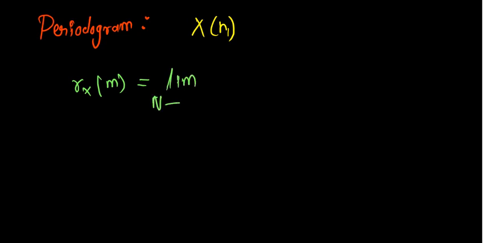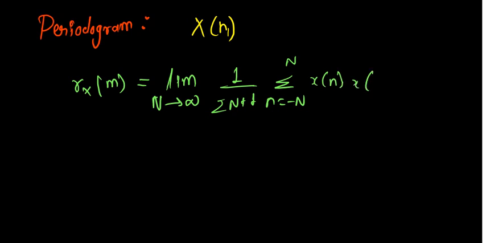I wrote tau in the last lecture, so don't get confused. It's nothing much, I'm just writing the same equation again. It's the summation from minus n to n of x of n and x of n minus m, or you can write x of n plus m, it doesn't matter. So this is our actual autocorrelation sequence.